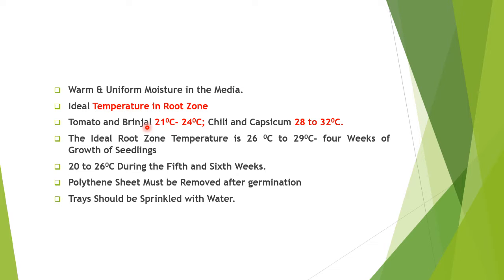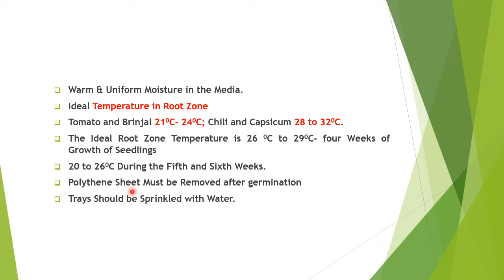The ideal temperature in the root zone for tomato and brinjal is 21 to 24 degrees. Chili and capsicum is 28 to 32 degrees. The ideal root zone temperature is 26 to 29 degrees for the first 4 weeks of seedling growth, and 20 to 26 degrees during the 5th and 6th weeks.